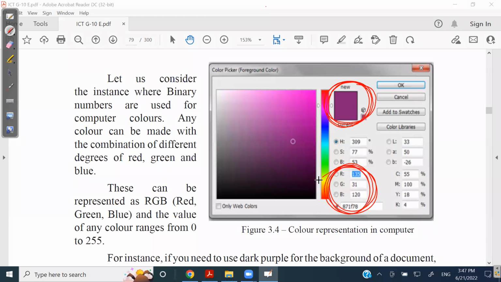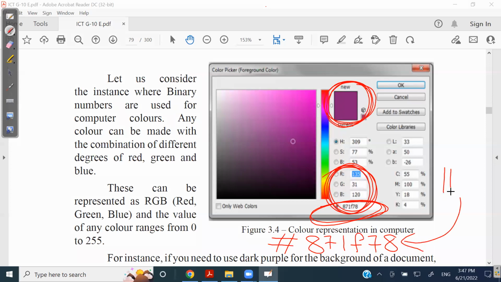And there is a value over here as well. It is not that clear, and it is something like this. Hash 871F78. We call this the hex code.